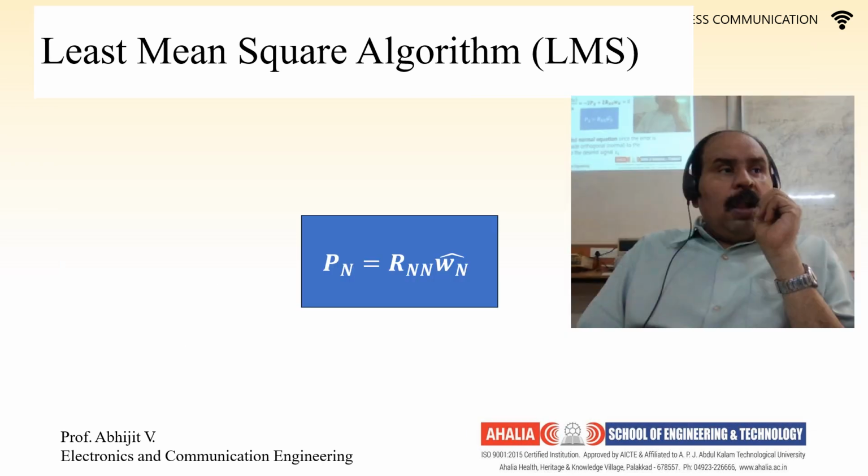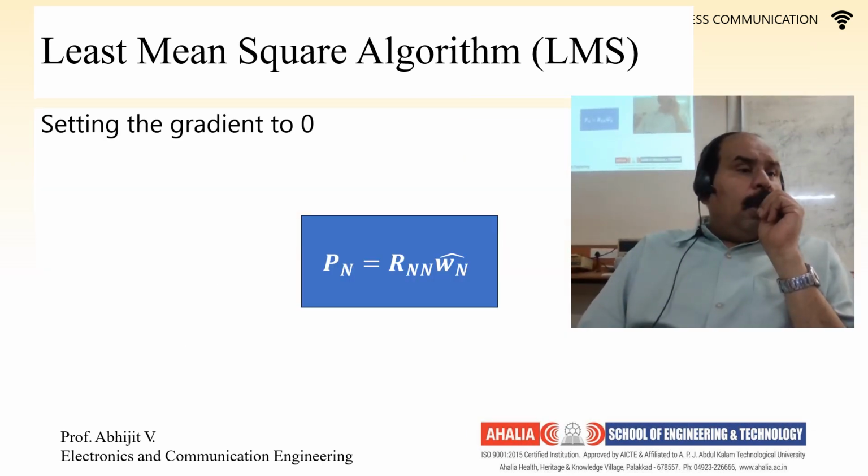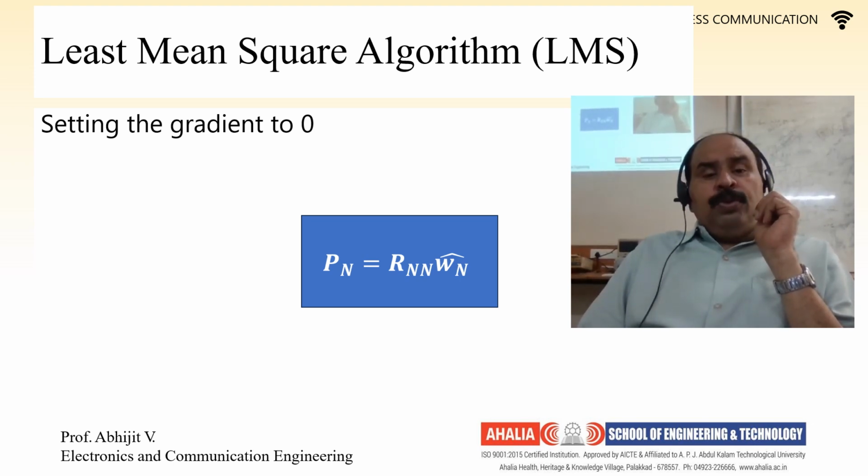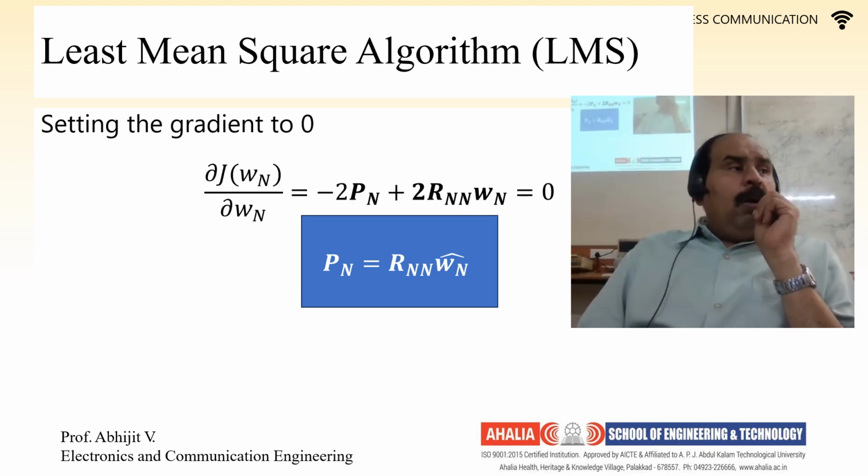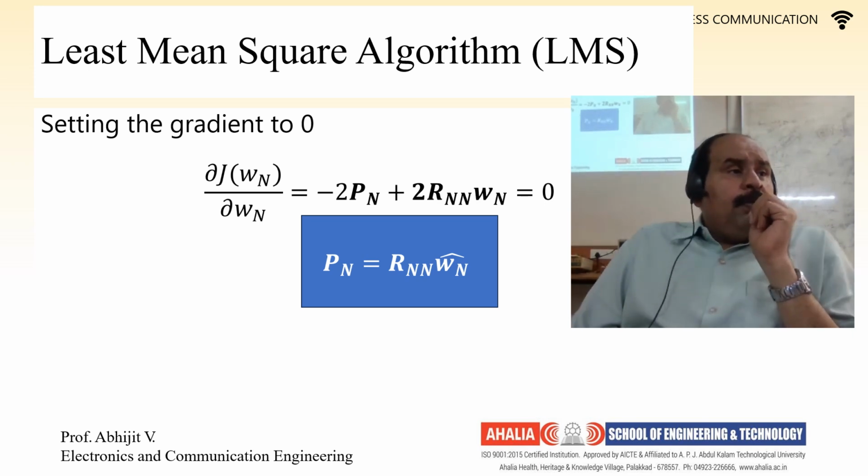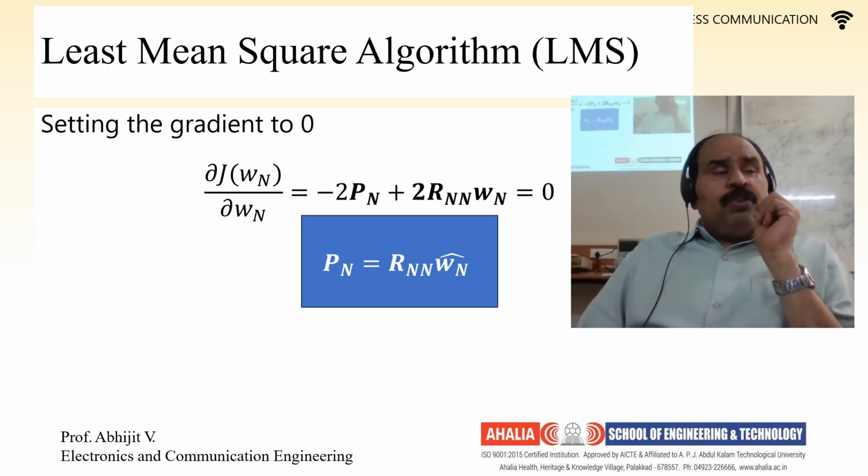now we can set the gradient of J of w_n to 0. How will we do that? We'll do the partial differentiation of J_n and set it to 0.